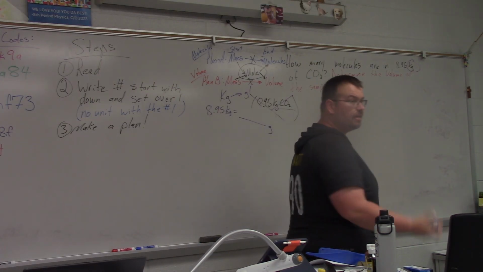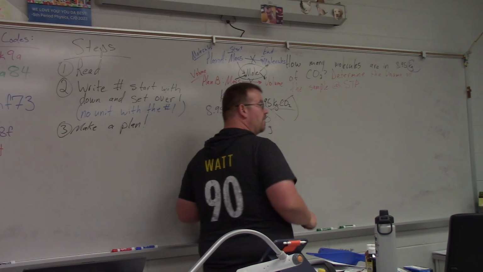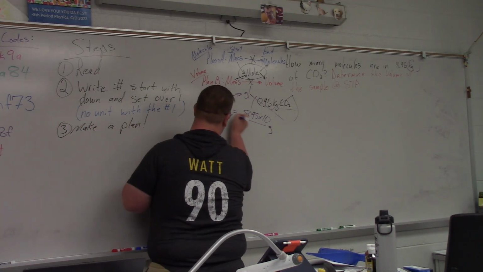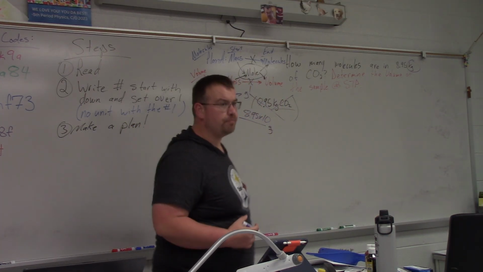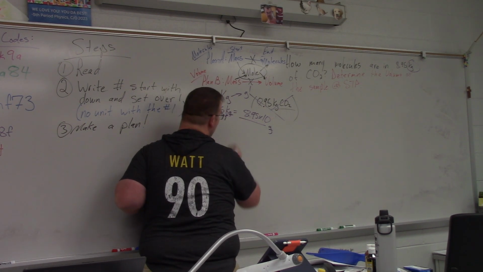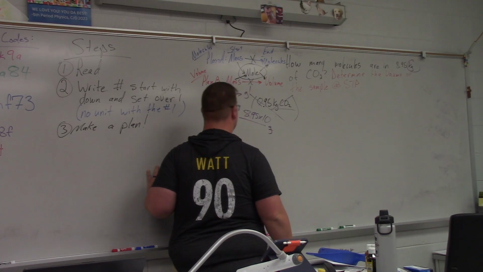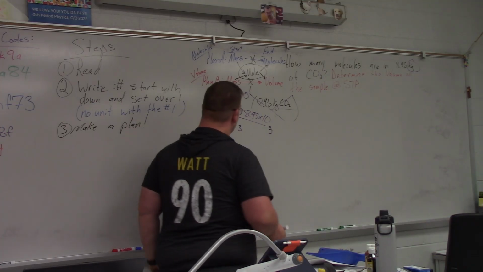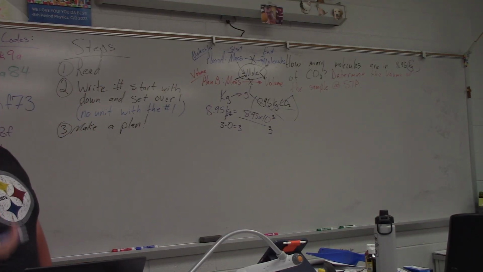Step 1, write the number down. 8.95 times 10 to something. Step 2, find what is the same. Grams. Little g, little g. Now we find the difference in the exponential values of the prefixes. I have k for kilo. What's the exponent value for kilo? 3. Minus the exponent value for, oh, there's no prefix there. What's that? 0, because it's a base unit. 3 minus 0 is 3. Very good. So 8.95 times 10 to the third grams.